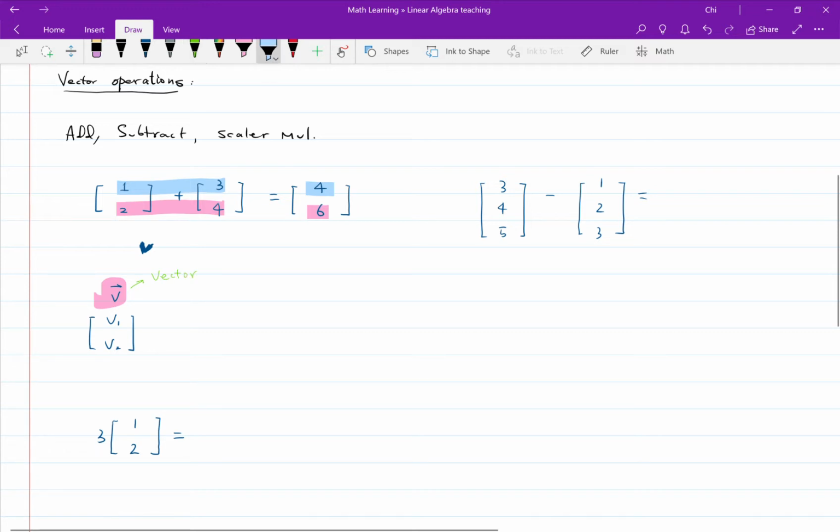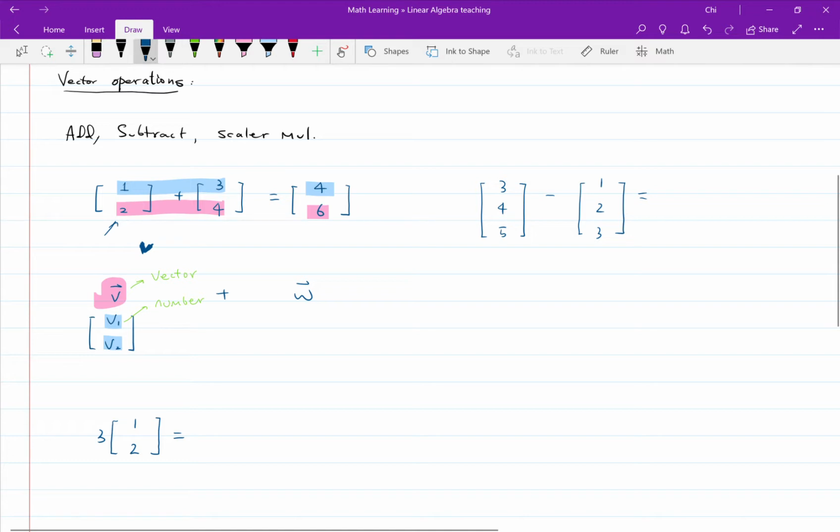And V1 and V2 are all numbers. These are the components of the vector V. Like in the case we just mentioned, 1 and 2 are V1 and V2, but the bracket together is the vector V. So to formalize it, say we have V plus another vector W. This is to add two vectors together.